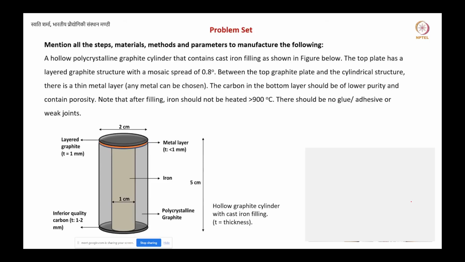So please try to solve these questions also, and let's discuss. I'll give you a few minutes to try to solve it by yourself.